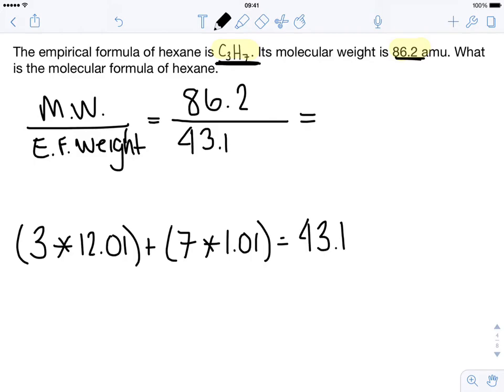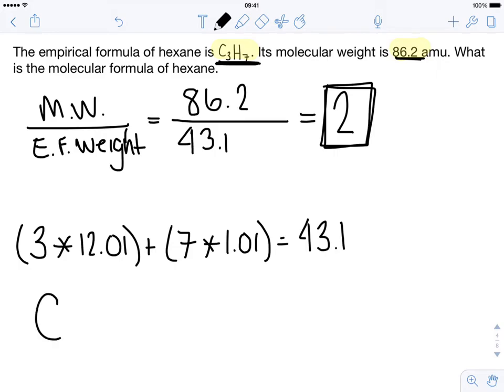So now when you divide 86.2 by 43.1, the answer is 2. So this number 2 right here is telling us that we need to multiply the subscripts in the empirical formula by 2, and that's going to give us the molecular formula.